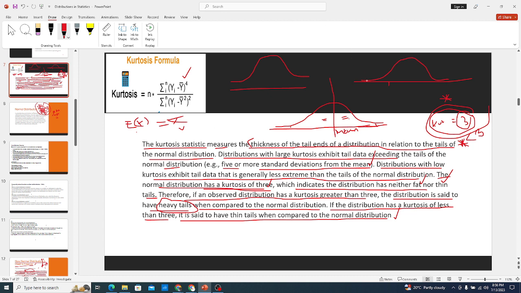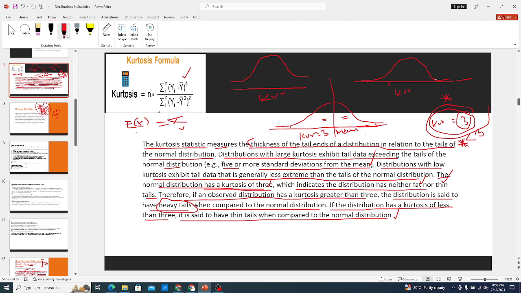You can see the thickness of the tail here is small in comparison to the standard normal distribution. So in this case, kurtosis is equal to 3. In this other case, what will kurtosis be?